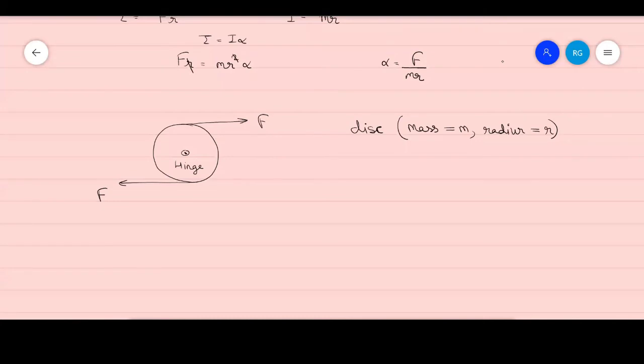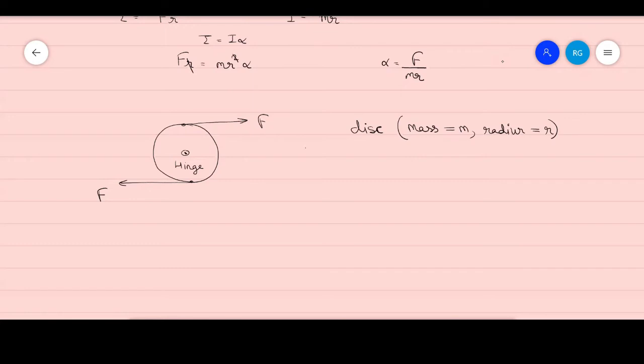So let us have a look at this problem. In this problem, there is a disk having mass m, radius r, and two forces are acting at two different points. One force is acting at this point, another force is acting at the bottom point, and it is hinged at the center.